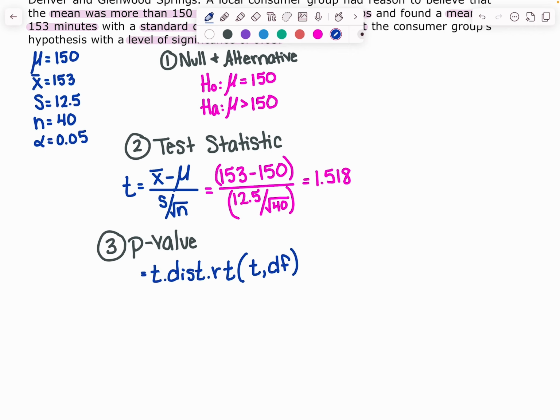So the degrees of freedom is calculated by taking our sample size minus 1. So over here, degrees of freedom is n minus 1. So our sample size is 40. So our degrees of freedom is 39.